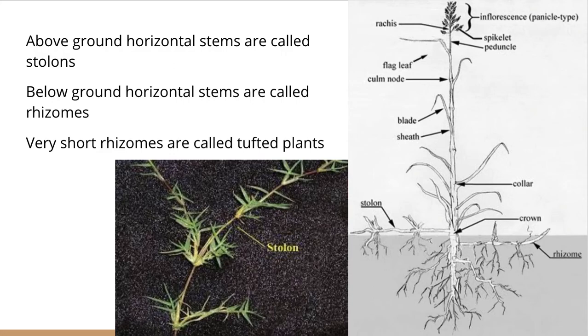Horizontal stems above ground are called stolons. This image shows stolons. Rhizomes are underneath the soil.